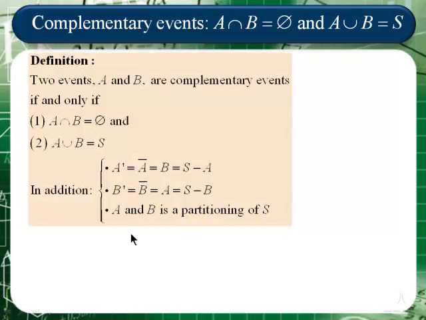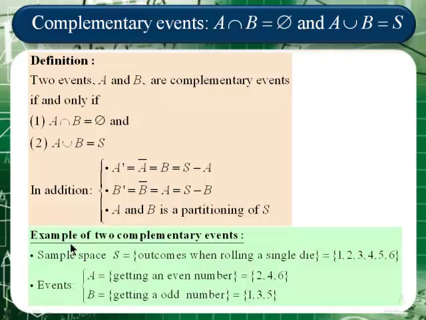I'll come back to this now. But let's take an example where we have two complementary events. Let S be the sample space of rolling a single die, and A and B the events of getting an even number or an odd number.